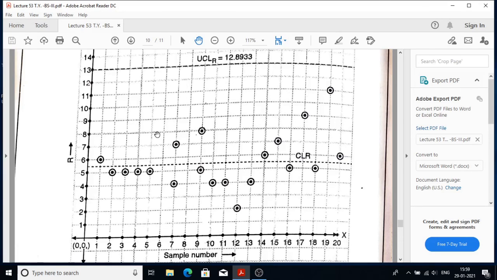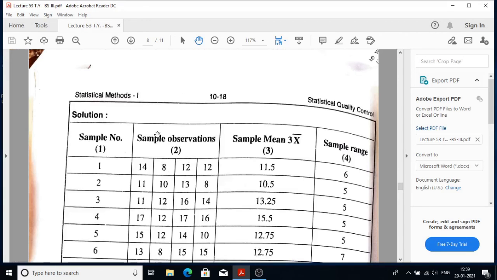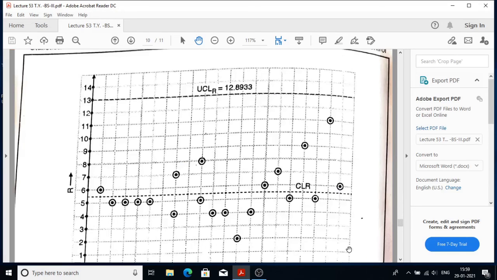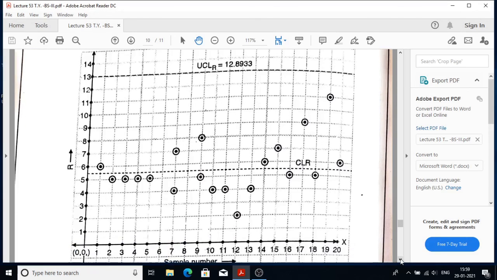Now for first sample, the range value is 6. So 6, 5, 5, 5, 5, 7. So this way we'll plot all the values on our chart and we can see that all the points are within control limits.